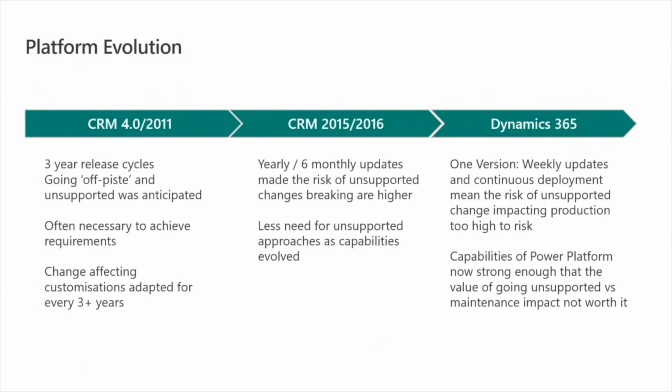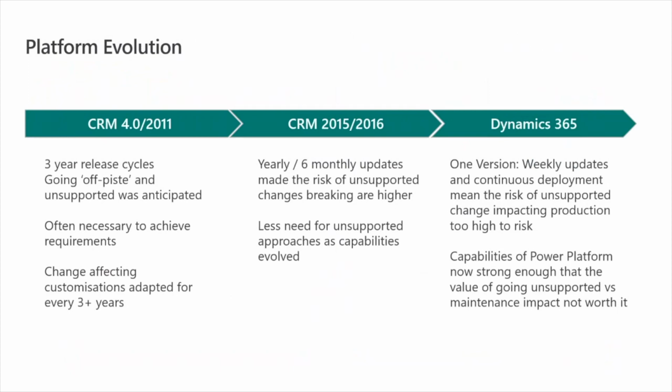Again, I just quickly want to touch upon this, but I do expect that everyone is aware of this. In terms of the way we do the releases, when we were in CRM 4.0, 2011, or even after that, we were essentially running on-prem software hosted on bare metal servers and updating that in a very on-premises kind of way, where we would release a huge patch or an update twice a year that we would expect you to install.